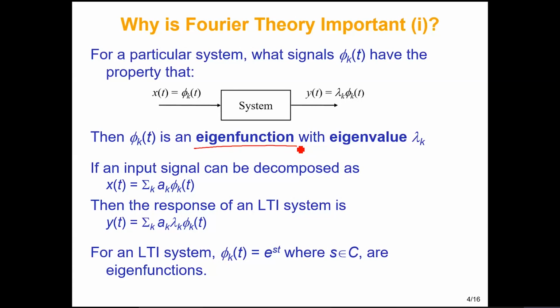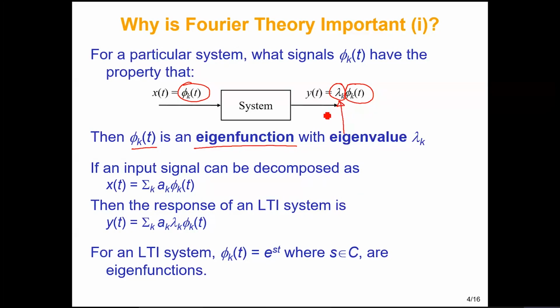An eigenfunction, as we engineers take it, is a function which, if given as an input, let's say that phi k(t) is an eigenfunction. If we give this eigenfunction as an input to our system, the output of the system would be the same eigenfunction multiplied by something. Now this something is known as the eigenvalue.